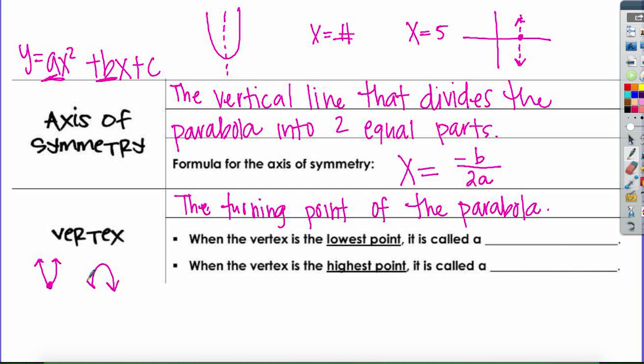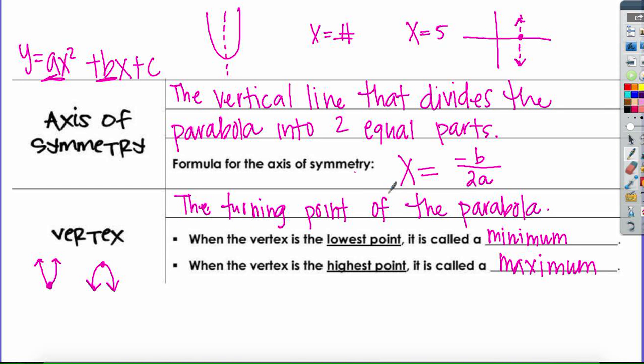When it was facing down, we had a point up here where it was changing places. If the vertex is the lowest point on the graph, at the very bottom, it is called a minimum. It is the lowest value. If the vertex happens at the highest point, it is called a maximum.